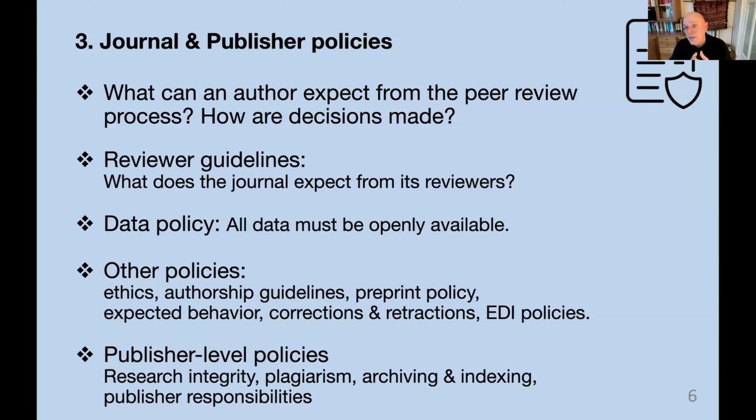One of the most important ones is a data policy, namely a data policy statement that says that all the data on which the article is based are also openly available. This is, of course, in the interest of open science and open access. If you have an open access journal, it doesn't make much sense to provide the paper in open access and make the data behind it closed.